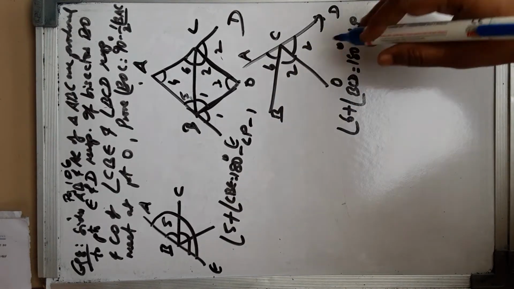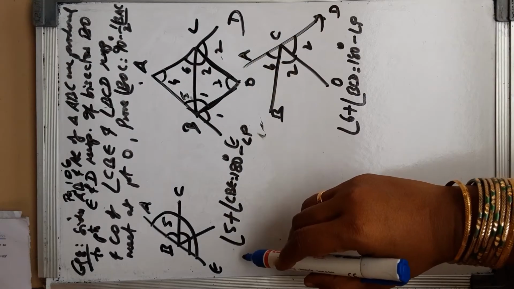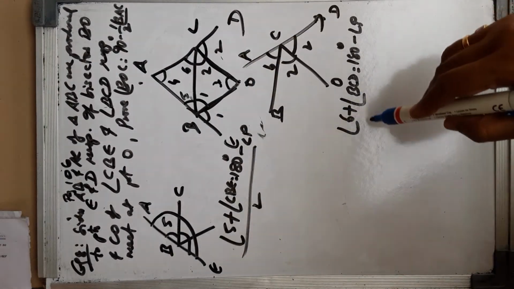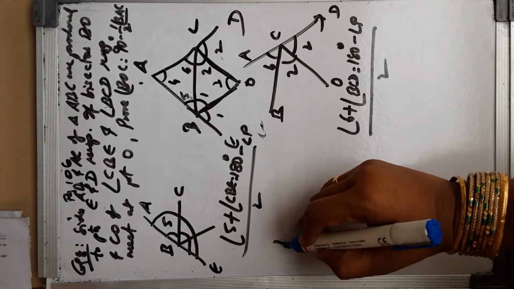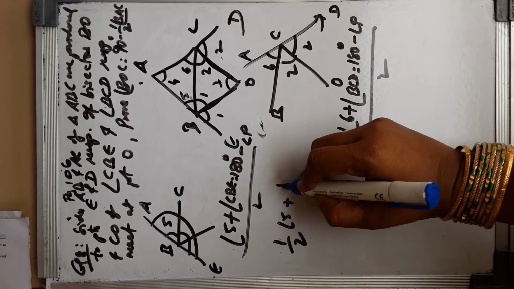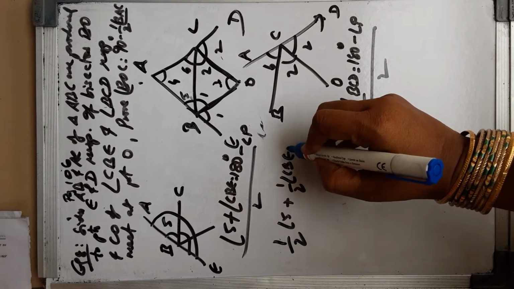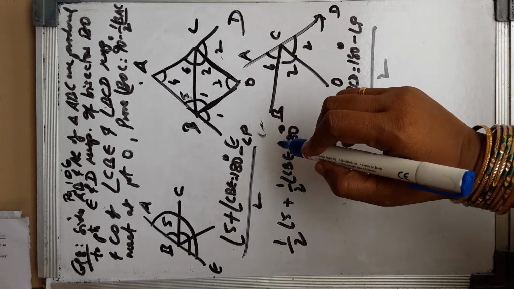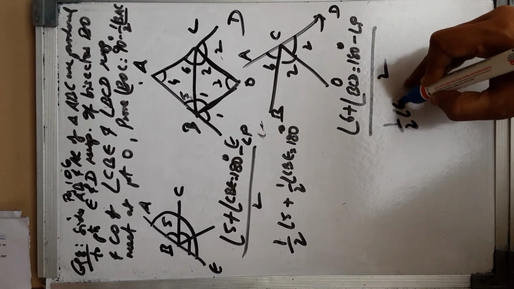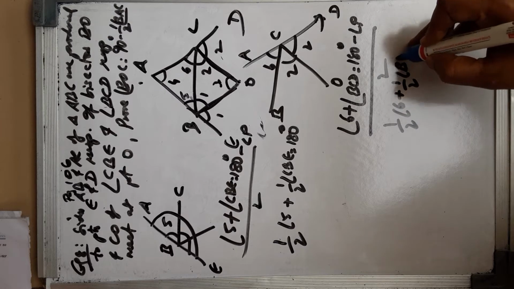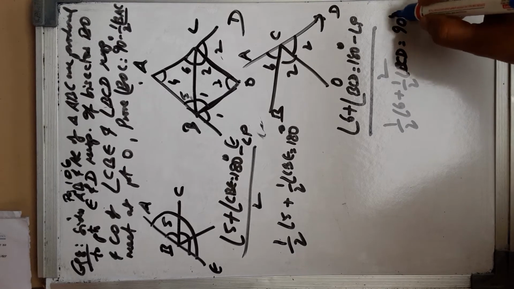Dividing this equation by 2, we have half of angle 5 plus half of angle CBE is 90 degrees. Half of angle 6 plus half of angle BCD equals 90 degrees.